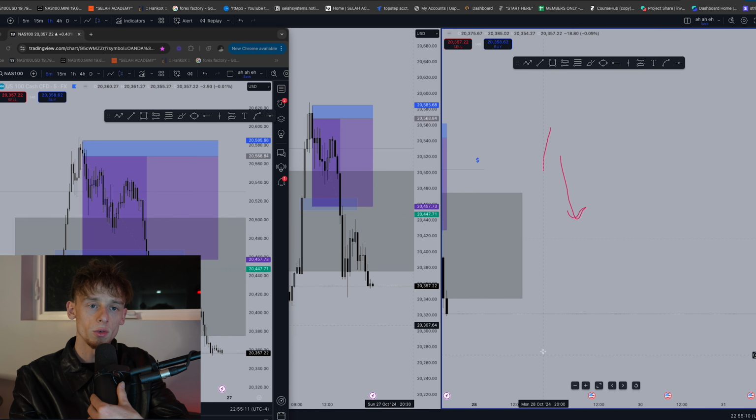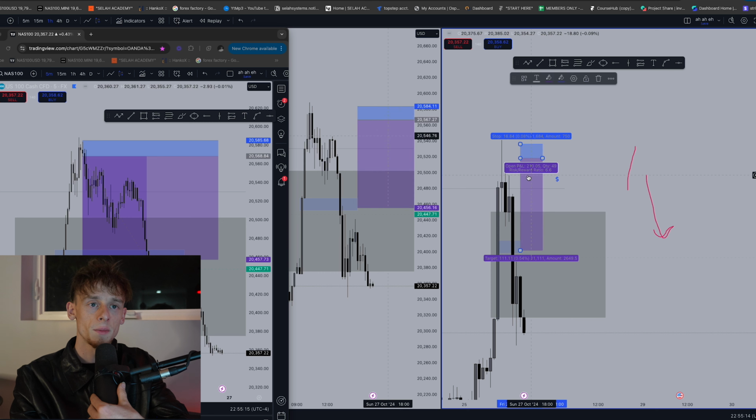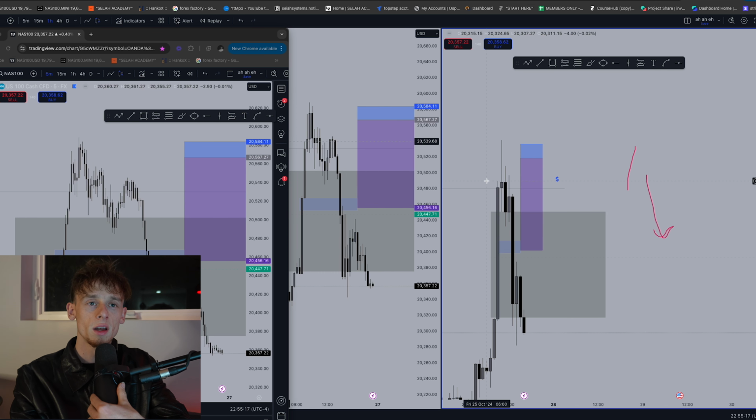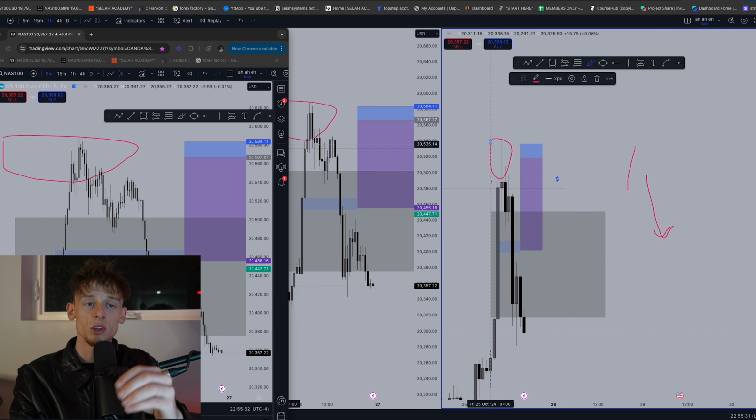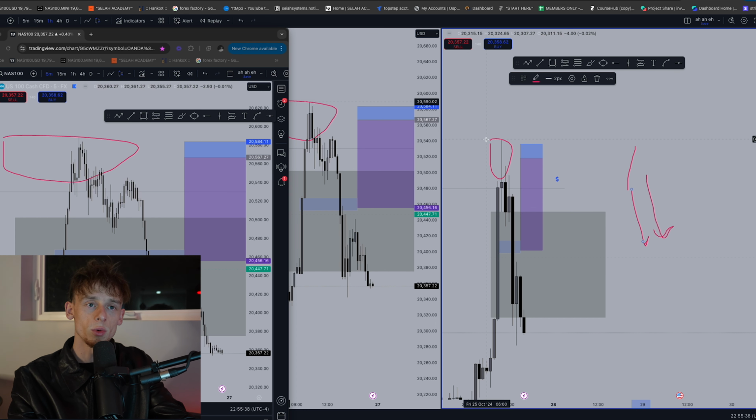Basically what I look for is, if price takes a high like this, it comes above this high, and then you see a big wick, pay close attention. I don't want you to miss this. When price takes big highs like this or big lows, if you see price wick reject, that's a sign that it took the liquidity and it will soon have a retracement in the opposite direction. So that's basically what I like to wait for.